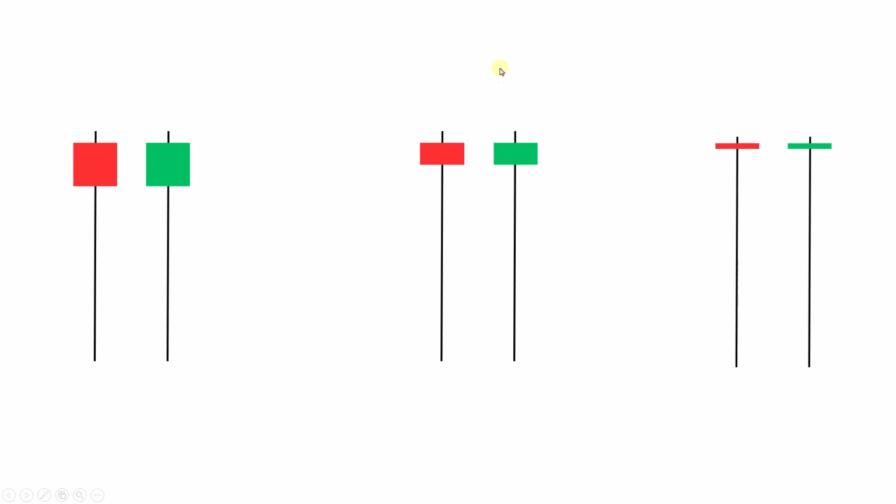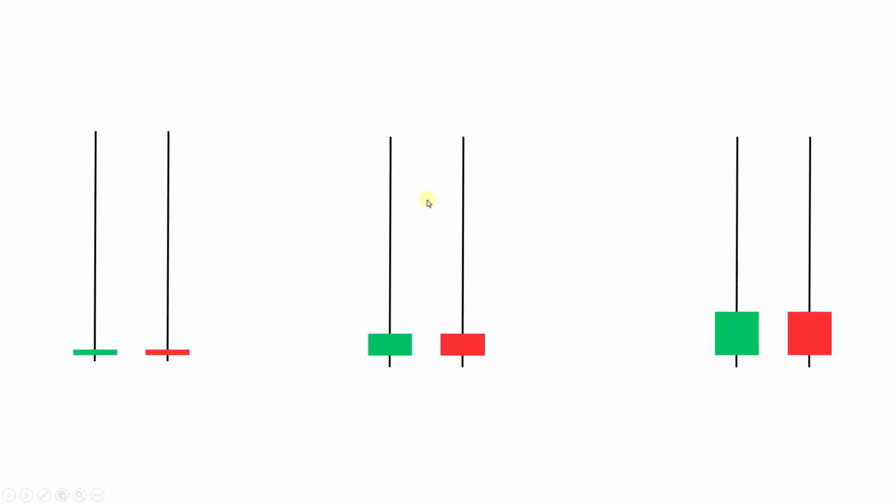Now, the chances of the trend changing from downtrend to uptrend when we get a hammer is very high, meaning the signal given by the hammer will be almost successful. Okay, and that is why we say that this is a very strong candlestick pattern.